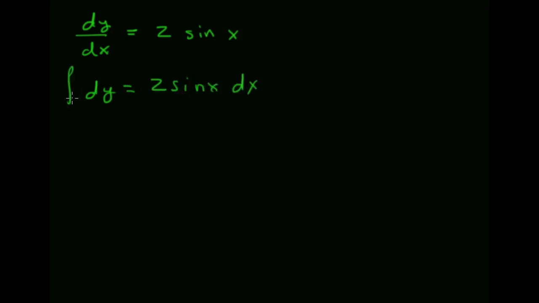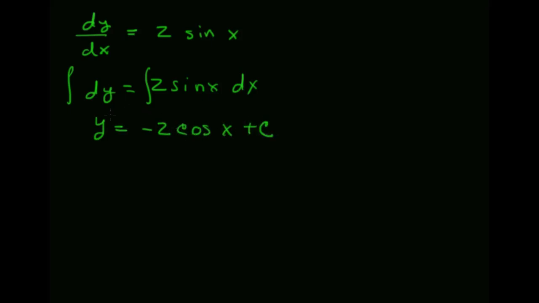Okay, so let's look at problem number 9. Problem number 9 is dy/dx is equal to 2 sine x. So dy is equal to 2 sine x dx. Take the antiderivative. y is equal to -2 cosine x plus some constant.